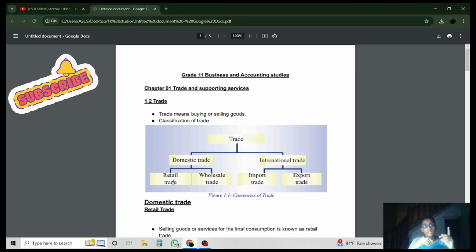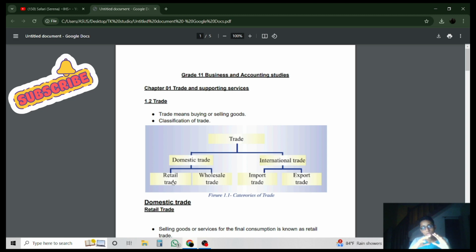So today I'm here with you to discuss the grade 11 business and accounting studies chapter 1. When it comes to grade 11 business accounting studies, the first three lessons and the last lesson are about business.